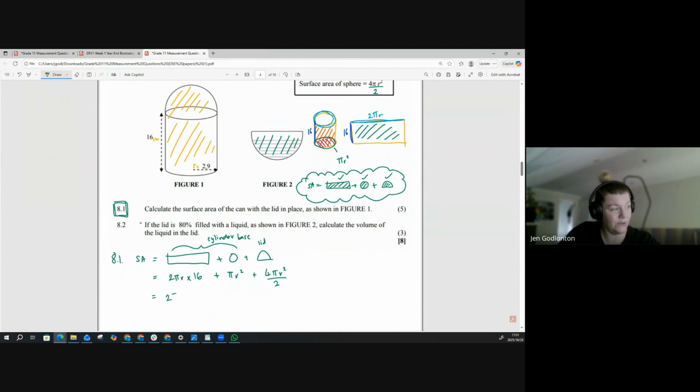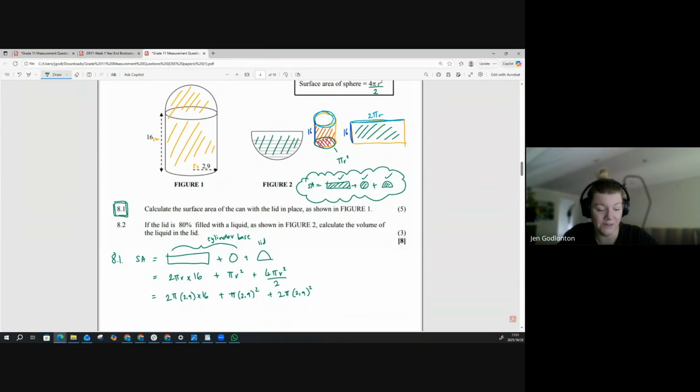So 2 pi times 2,9 times 16 plus pi times 2,9 squared plus 2 pi 2,9 squared. And then we get to chuck that straight into our calculator.